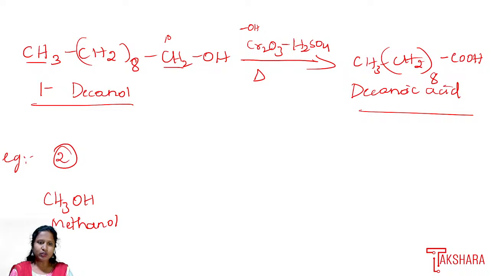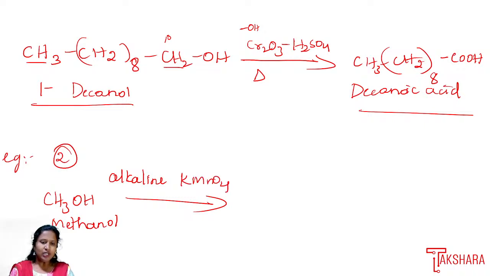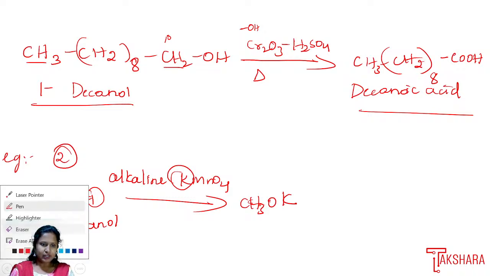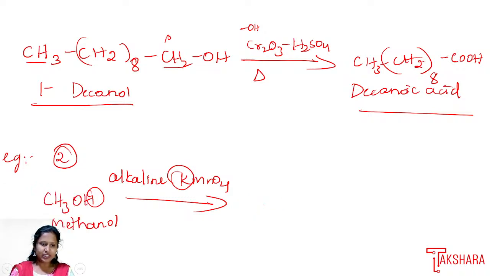When methanol undergoes the reaction with the alkaline KMnO4 reagent, here H is replaced with a K, so we will get the product HCOOK.